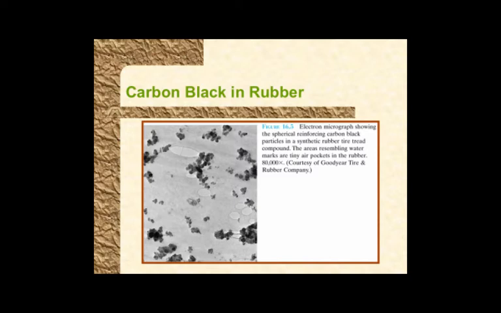carbon particles in synthetic rubber that's used in a tire. And you can see that some regions are dispersed, some are agglomerated. And these particles are typically in the order of about 100 nanometers or something like that. Okay. So dispersion is going to change properties.